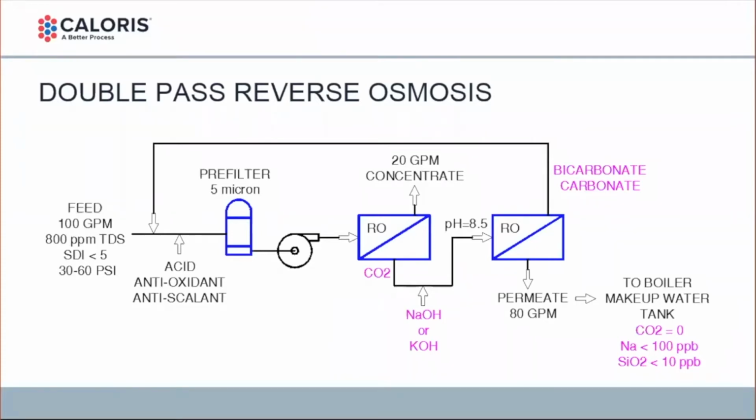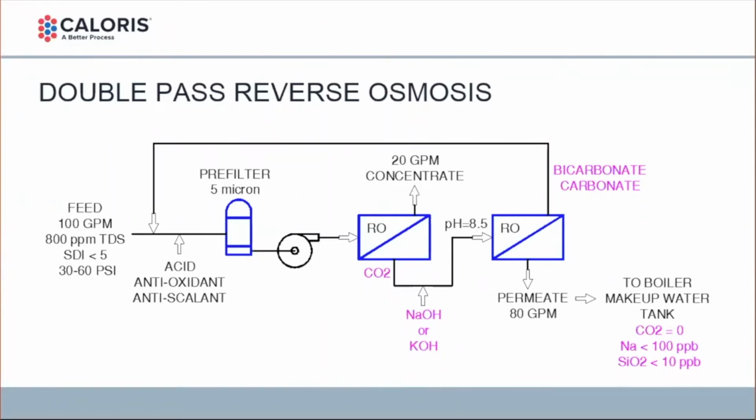And you're going to run that stream into a second RO, and before you run it into the second RO, you're going to increase the pH to 8.5 using sodium hydroxide or potassium hydroxide. And what happens is that CO2 will then be converted to bicarbonate and carbonate, which can be rejected by the RO. So all that bicarbonate, carbonate get rejected.